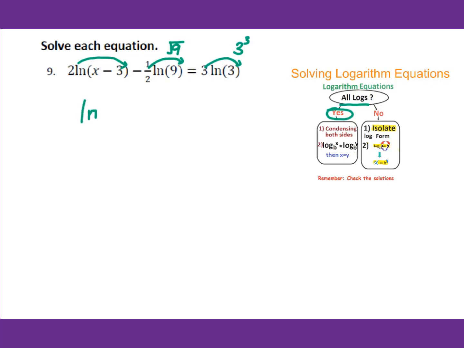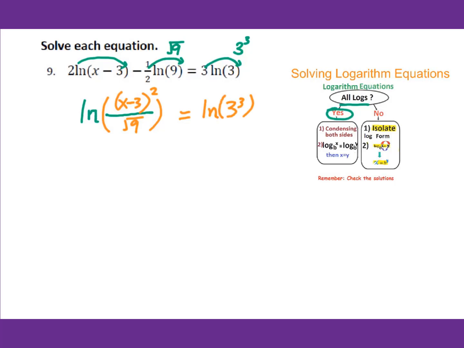So we got the natural log. Subtraction means division. So we got x minus 3 squared over the square root of 9 equals natural log of 3 to the third power.